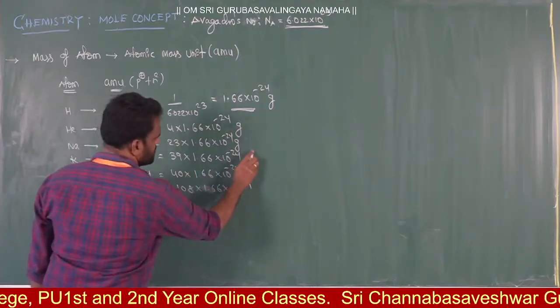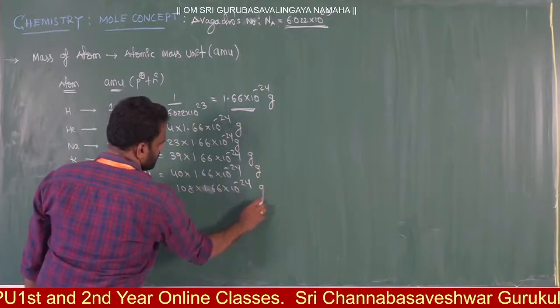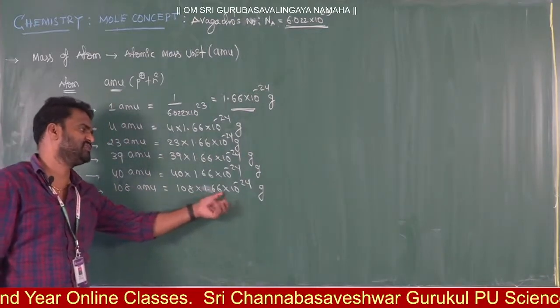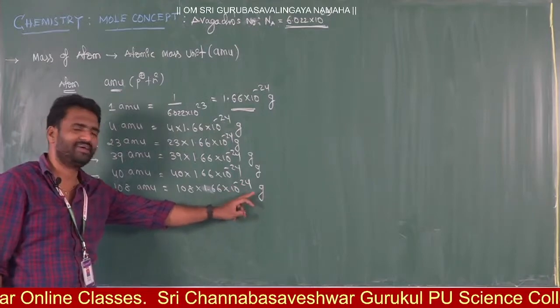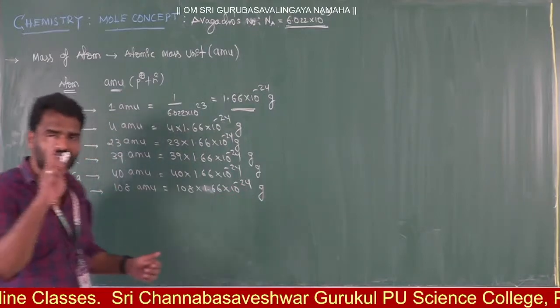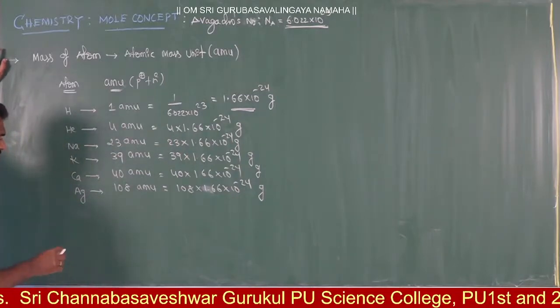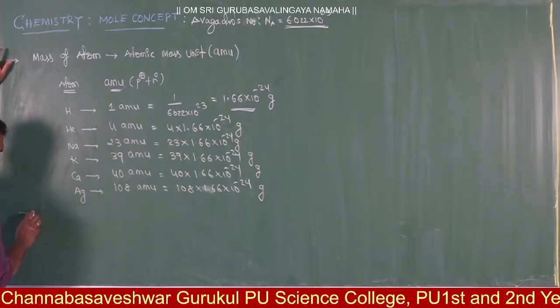These are all grams. Grams means what? 108 × 1.66 × 10^-24 grams is the weight of 1 silver atom. Right. Now, my intention is to have 1 mole of atoms.